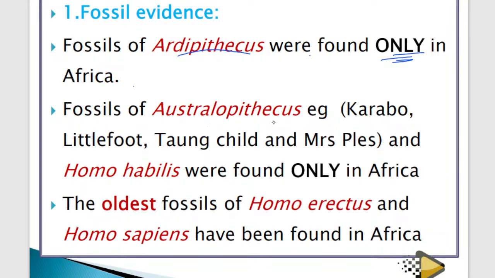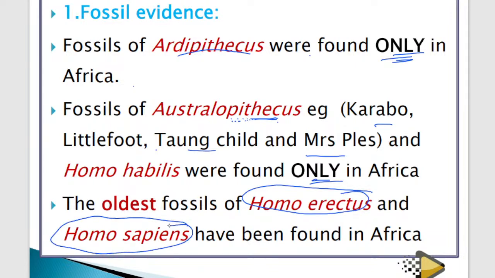Fossils of Australopithecus, here they don't say Australopithecus africanus species, they're just saying Australopithecus, Karabo, Little Foot, Taung Child, Mrs. Ples, all these fossils were discovered in what? In Africa. And Homo habilis were only found in Africa. But Homo erectus was not only discovered in Africa, and Homo sapiens was not only discovered in Africa.